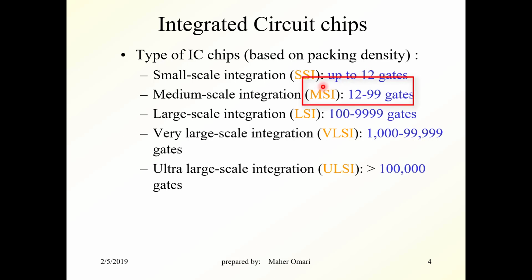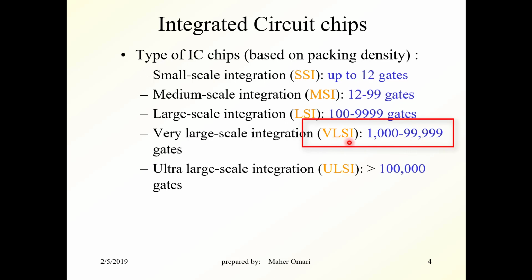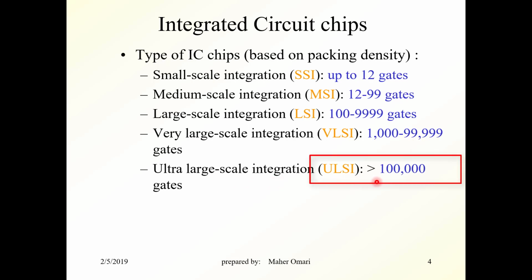If we go a little bit higher in the density inside the IC, up to 100 gates, we call these devices medium scale integration devices, MSI devices. Large scale integration devices have up to 10,000 gates inside the IC. Very large scale integration, VLSIs, have up to 100,000 gates. And there's something called ultra large scale integration, ULSI, which has more than 100,000 gates inside them.